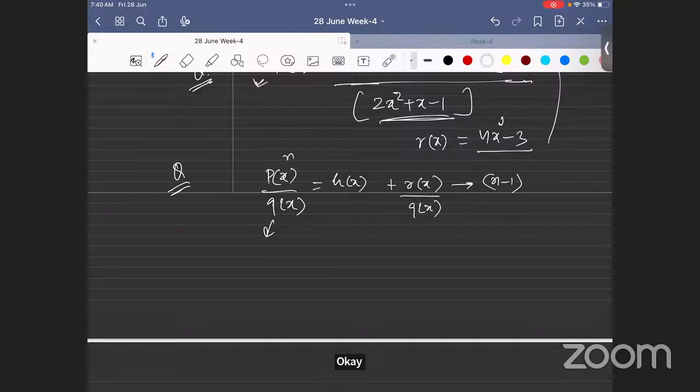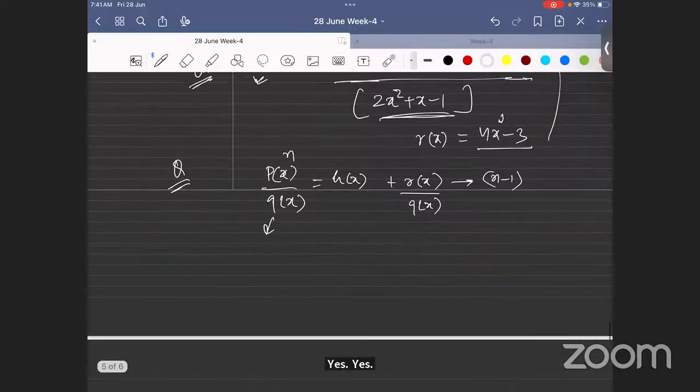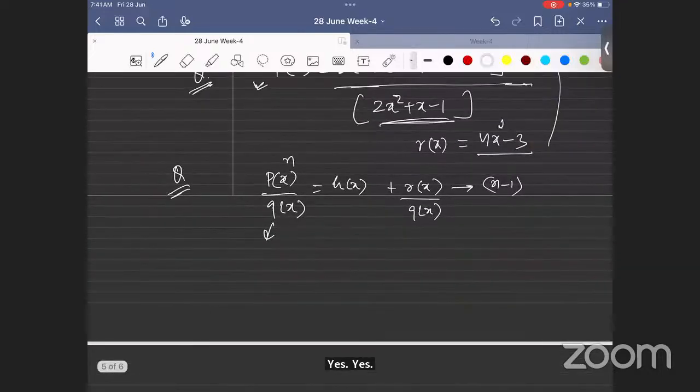So if this is n, this should be less than or equal to n, right? It can be n also, no? Less than or equal to, I'm saying. Equal to or less than, correct? Yes. So this will be less than or equal to n.